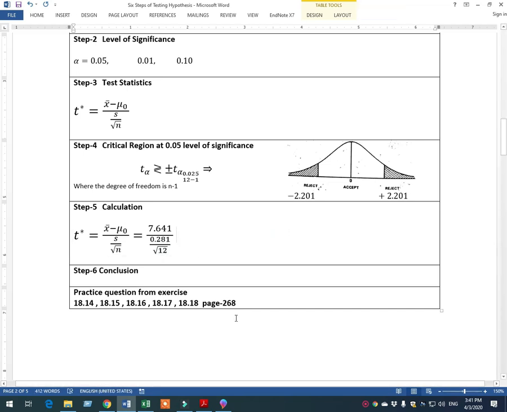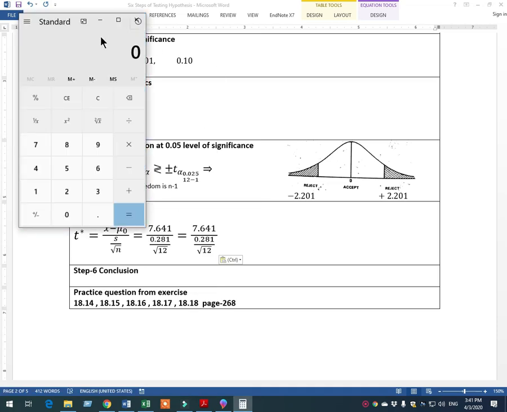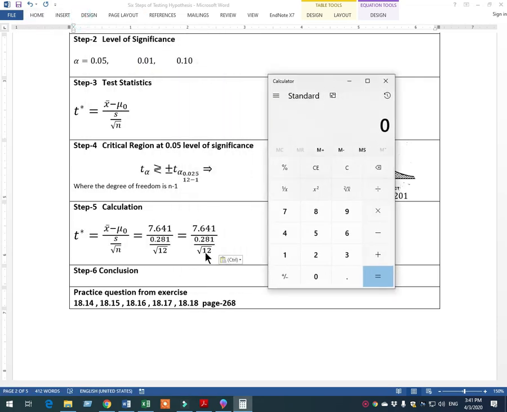So guys, these are the values, and by calculating this formula we will get some kind of answer. Let's take help from the calculator. I have the standard deviation, and this is the square root of 12, which is 3.464.